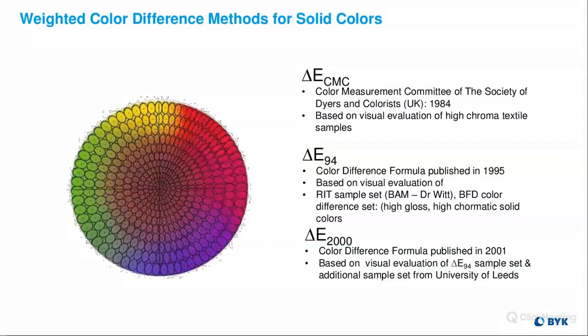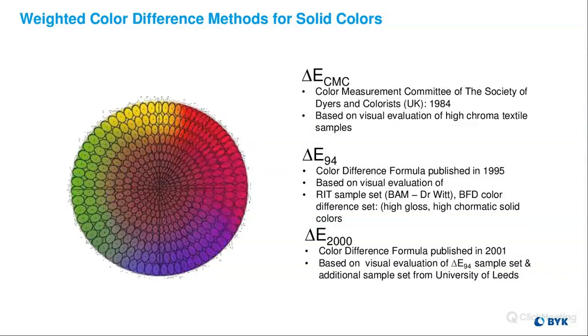So weighted color systems, there's a few that we use. Delta E CMC, this one was from 1984, and it was based on high chroma textile samples. So it's not a bad equation, but since it's based on textiles, it's normally just looking at the chroma and the hue, not necessarily lightness, darkness.